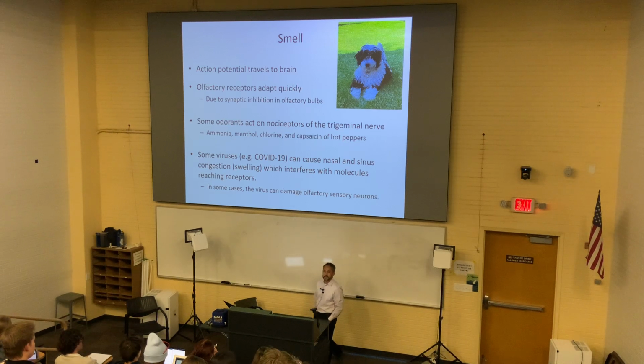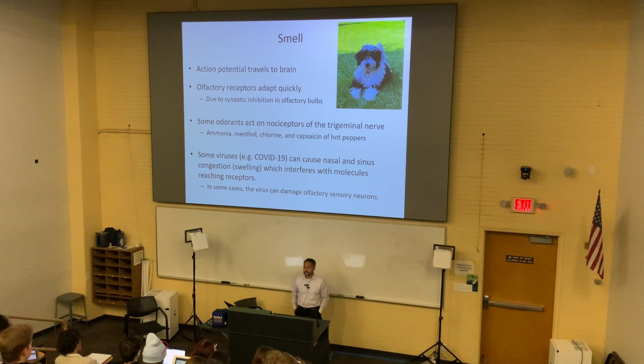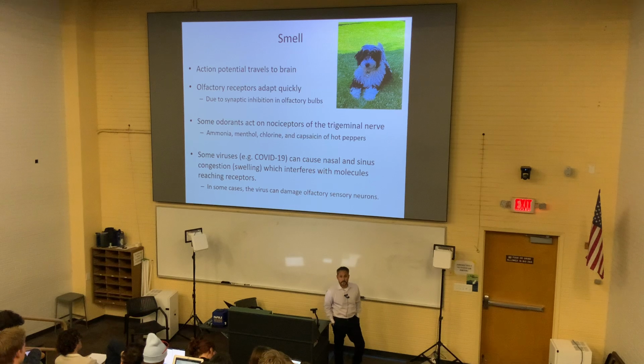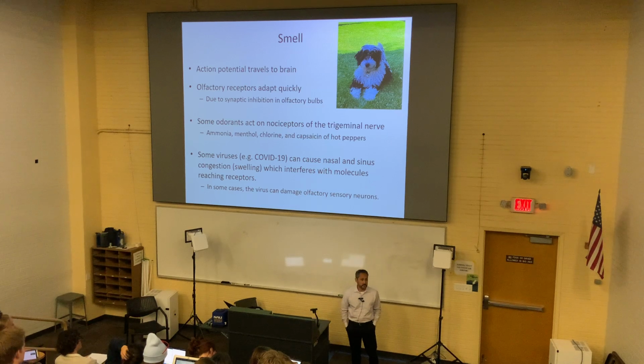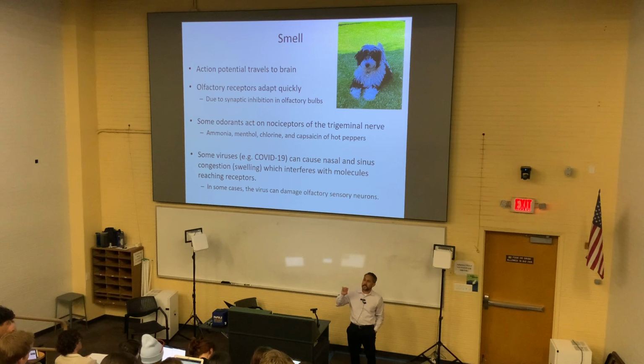But in some cases, the virus itself, like in COVID-19, actually damages the olfactory sensory neuron, and it can cause trauma at such levels through inflammatory processes where it's irreversible. And that can be lost either forever or for a long period of time. Because you're not talking about the olfactory cell, you're talking about the nerve itself.